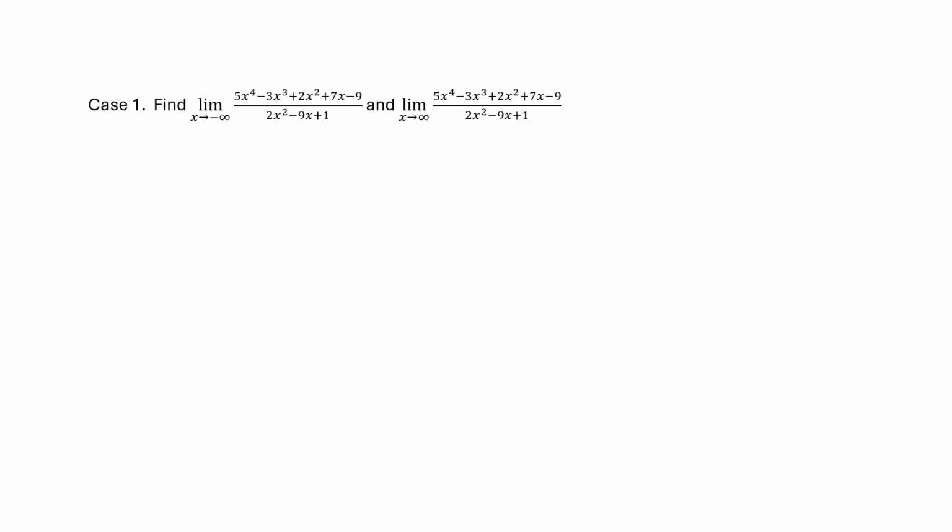Case 1. We'll find the limit as x approaches negative infinity of 5x to the fourth minus 3x cubed plus 2x squared plus 7x minus 9 over 2x squared minus 9x plus 1. And we will also find the limit as x goes to plus infinity of the same function.